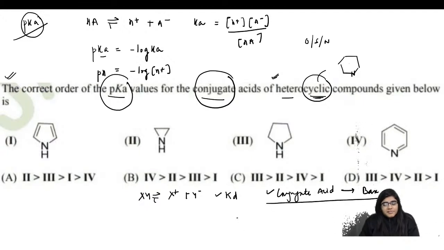How am I going to represent a base in terms of a Bronsted base? BOH. So BOH will give you B positive plus OH minus. So this B positive is the conjugate acid of the BOH base.